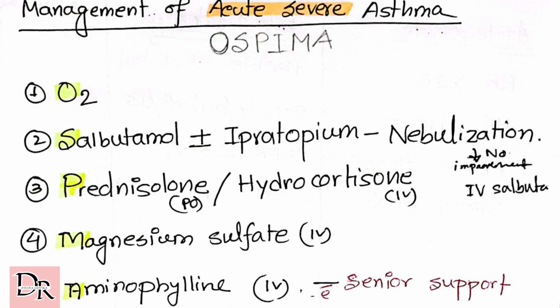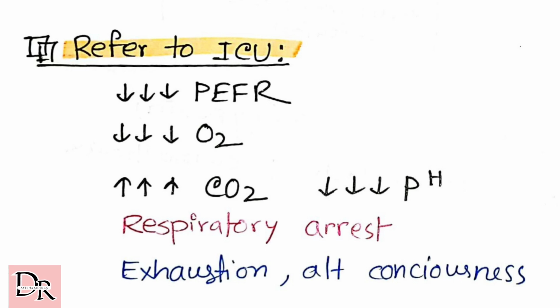Then, if no improvement, we may need to give magnesium sulfate IV, single dose. And with senior supervision, we may decide to give aminophylline IV if there is no improvement. Or if there is no improvement after all these steps, we may need to refer the patient to ICU. So what is the criteria for that? When will we refer the patient to ICU?